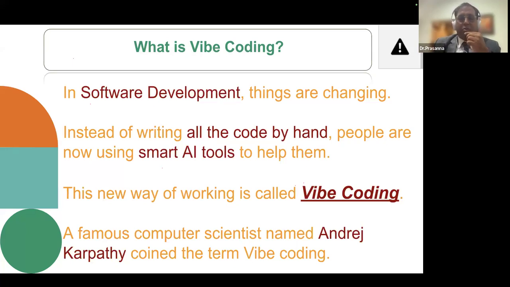And this is what we're going to do. We're not going to learn any new language for software development, and we're going to just use plain vanilla English language for informing the AI on what it has to create, and it will help us create that particular application that we want.